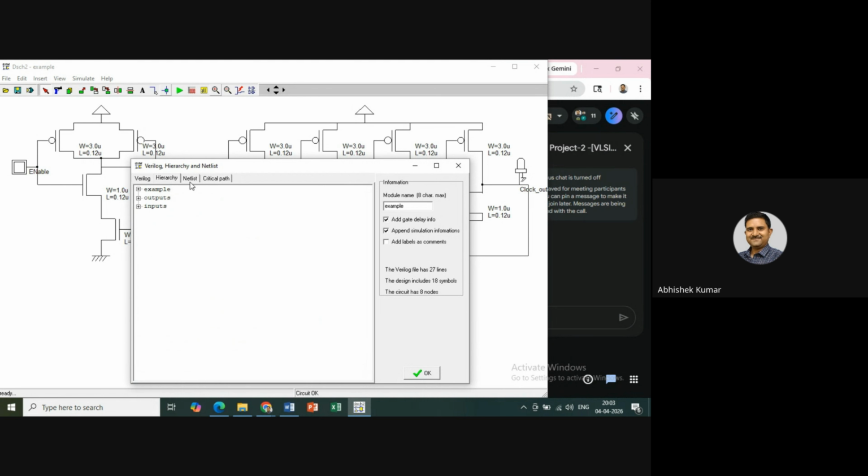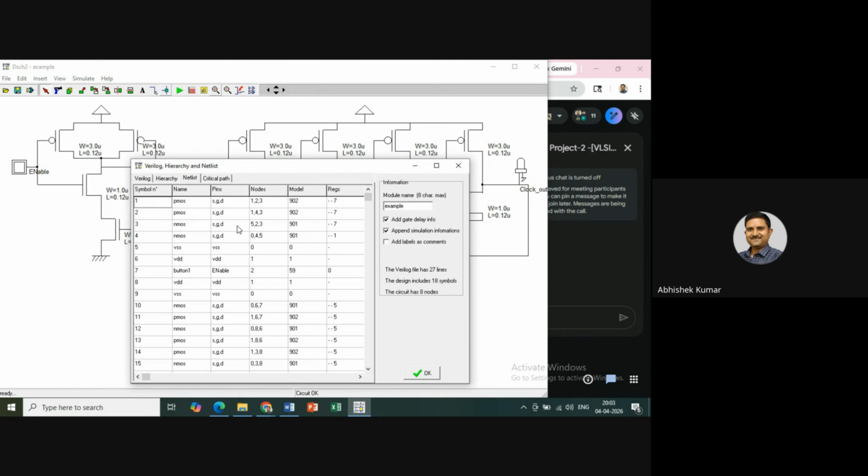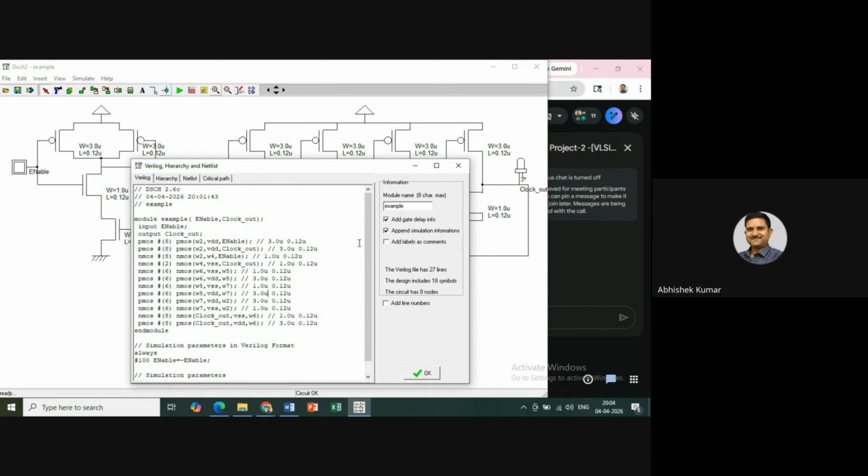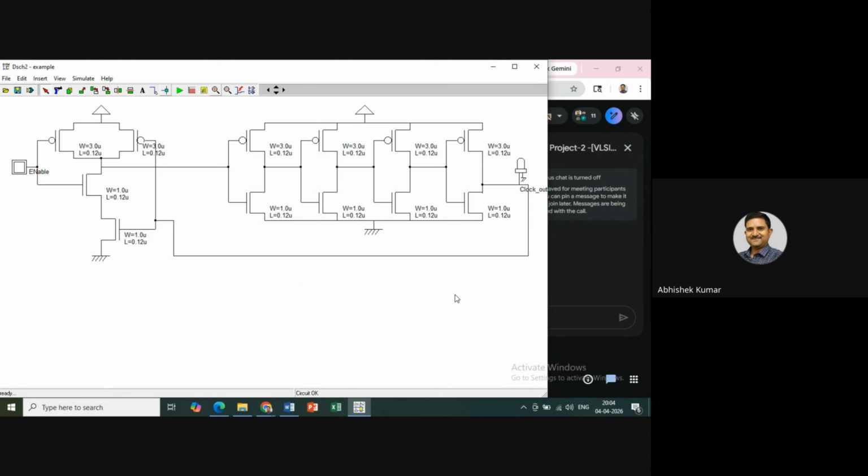So here I have shown a complete picture as the model of these transistors, how to generate the model file, and finally we can apply this learning in either Verilog coding or transistor level design.